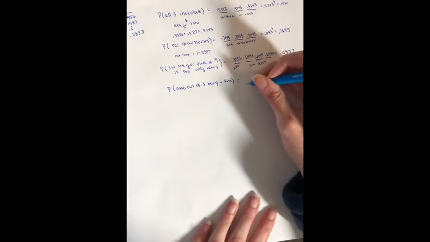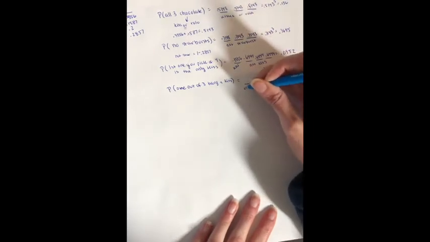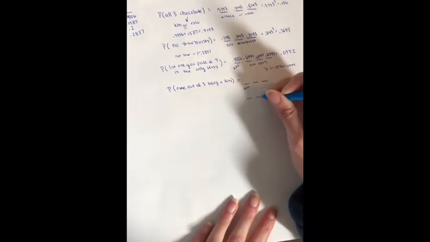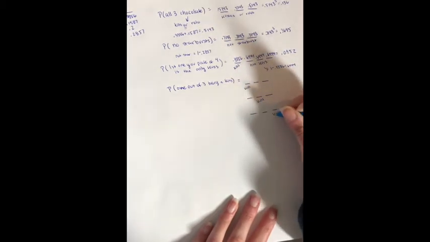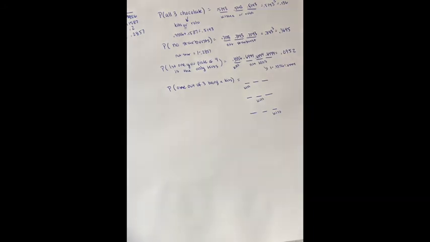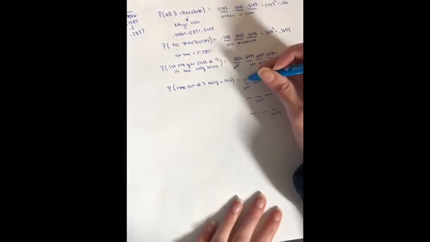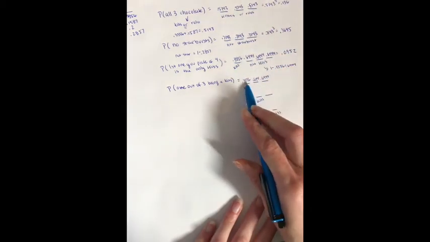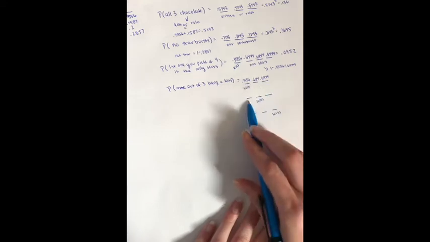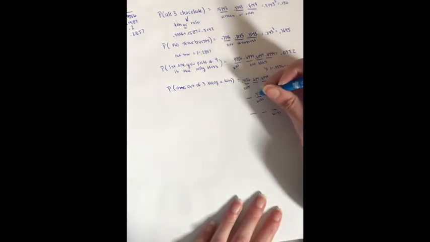Because when you draw the dashes, it implies a specific order. So if it's saying 1 out of 3 is a kiss, it can be in any order, so I need to think about all the possible orders. Now they're all going to have the same probabilities on top.